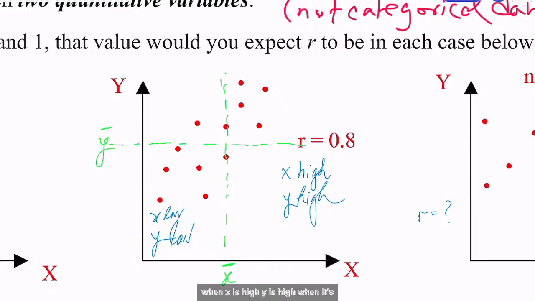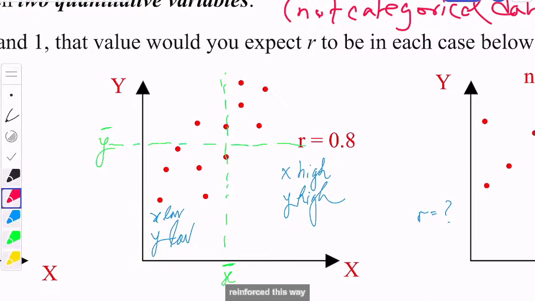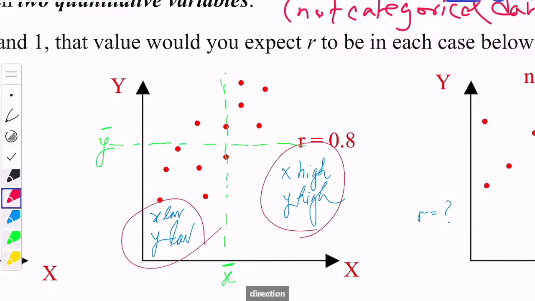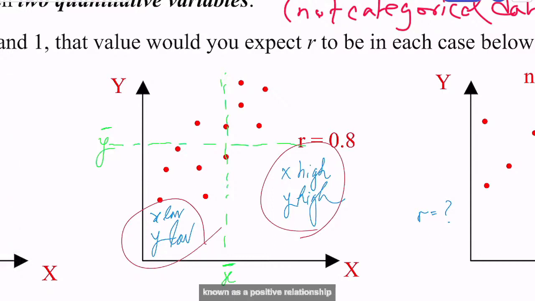When X is high, Y is high. When it's reinforced this way, this is known as a positive relationship. When the X and Y tend in the same direction, they behave similarly, okay? So this is known as a positive relationship because one reinforces the other.